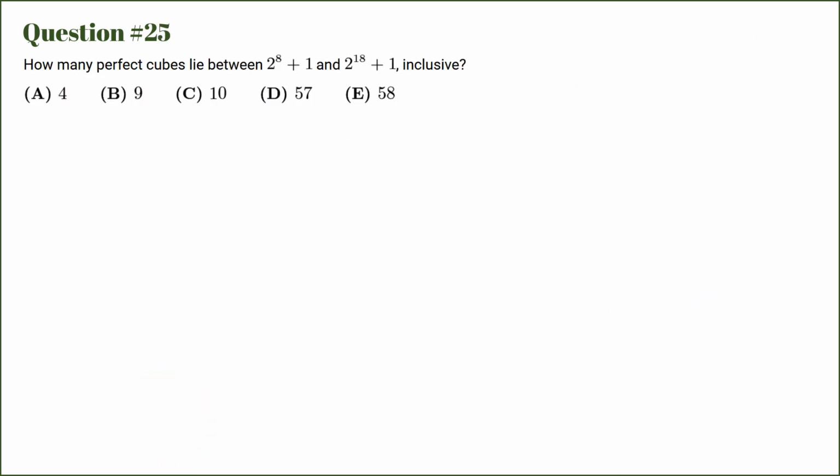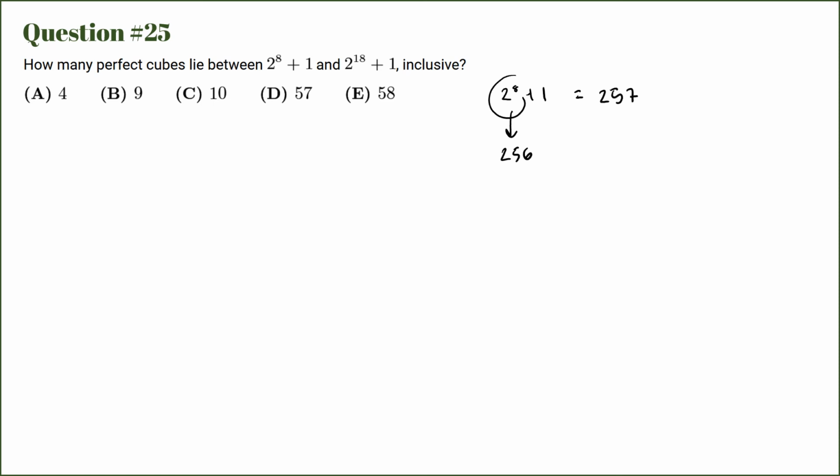Question 25 states, how many perfect cubes lie between 2 to the 8th power plus 1 and 2 to the 18th power plus 1 inclusive? Okay, so first of all, let's compute 2 to the 8th plus 1. 2 to the 8th equals 256, so this equals 257.